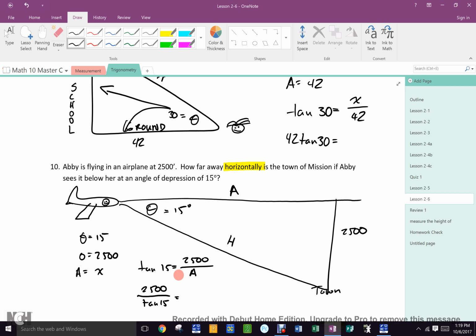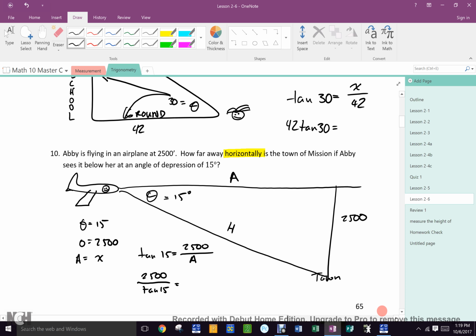You have it right in front of you. It's on your formula sheet. Did I make you memorize SOHCAHTOA? No. It's on your formula sheet. Yes. Okay. So you're going to punch that into your calculator and you're going to get an answer of whatever it is. I don't know what it is, because I'm not going to my calculator because I don't care about the calculator work. I care about this part.